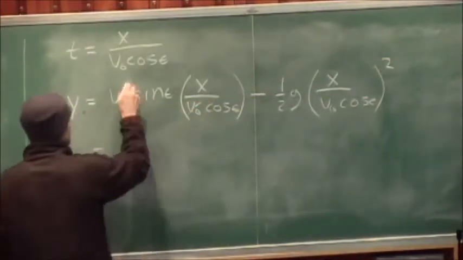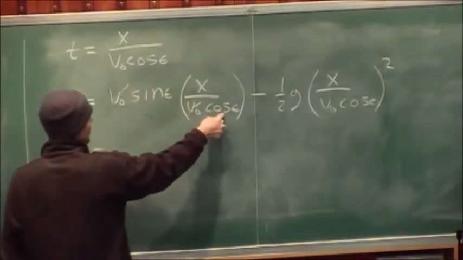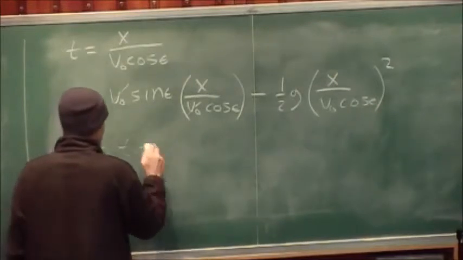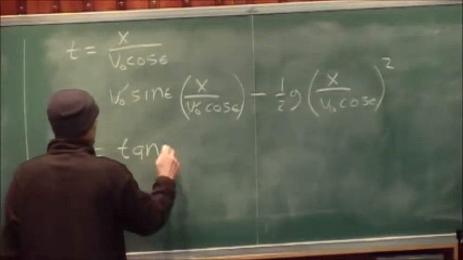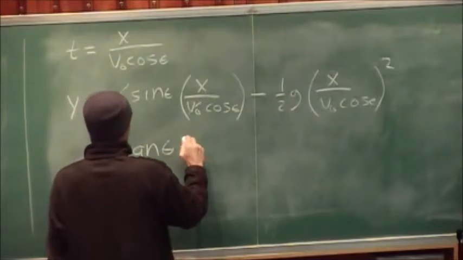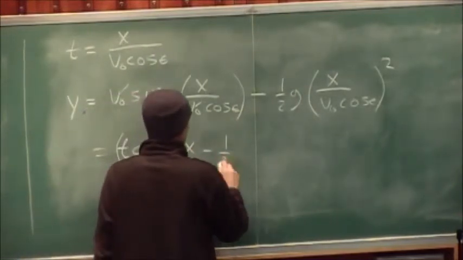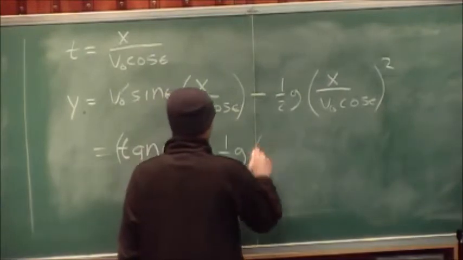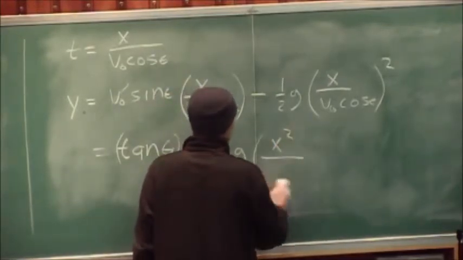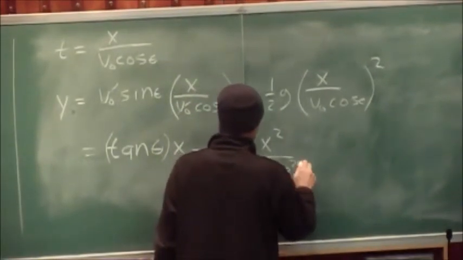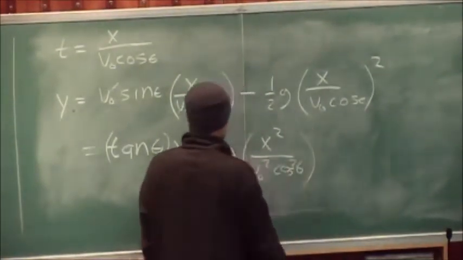So these v0's cancel, and we get sine theta over cosine theta, which is a tangent of theta. So we get tangent of theta times x minus 1/2 g, and then we get an x squared all over v0 squared cosine squared of theta.